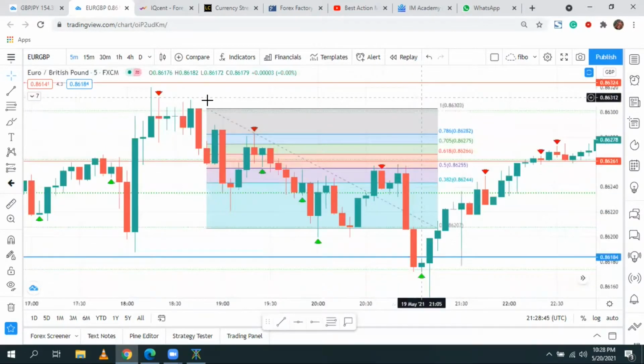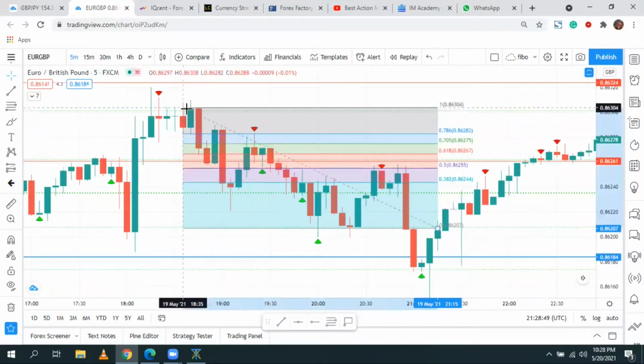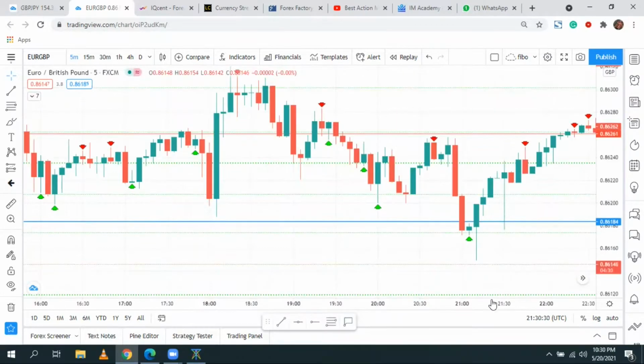So now this market was moving from here, moving from here down. Then it started going back up from here. Can you see how it started going down from our zone? When it entered the 0.5 to 0.618, it shot back down. Okay.